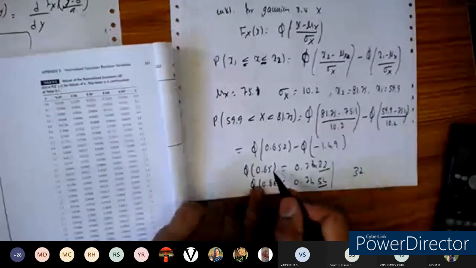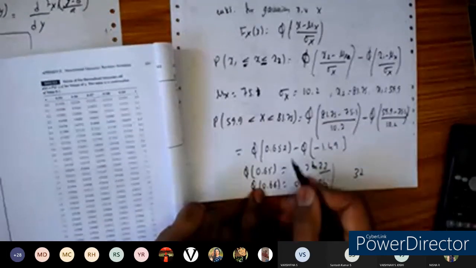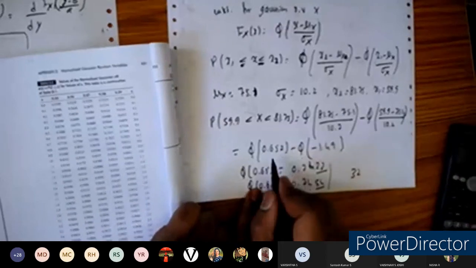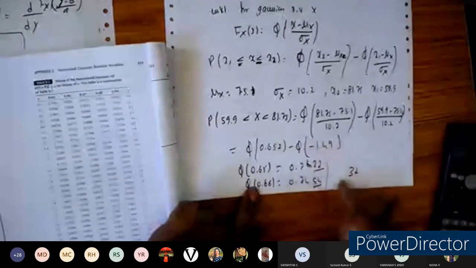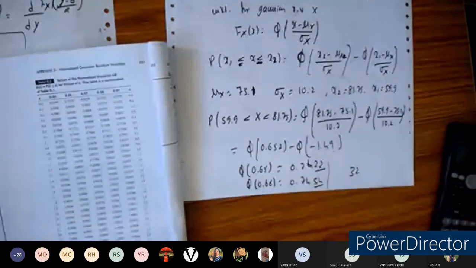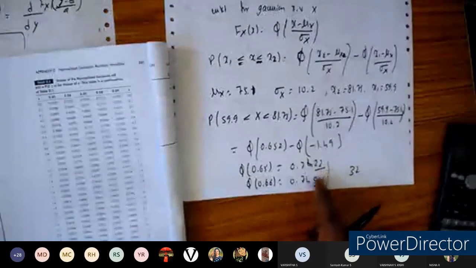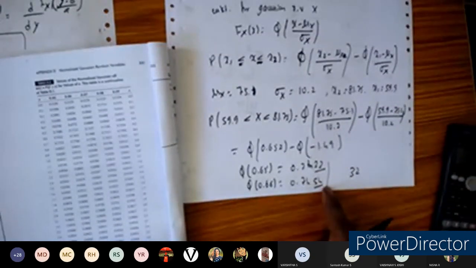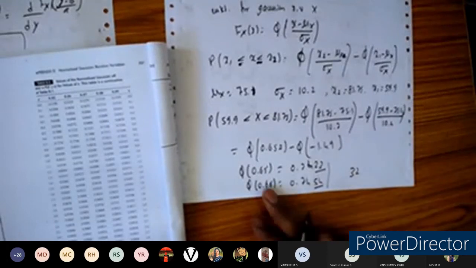So the difference between 0.65 and 0.66 is 32 units, and we want 0.652. We can't simply approximate to this one. It is 0.7422, and the next one is 0.7454, so the difference is 32.